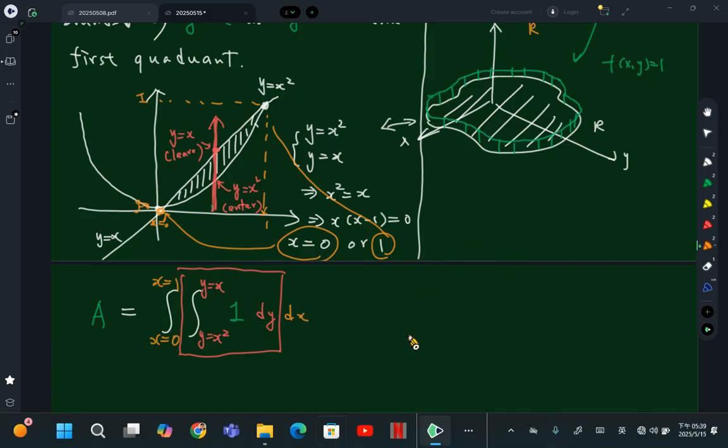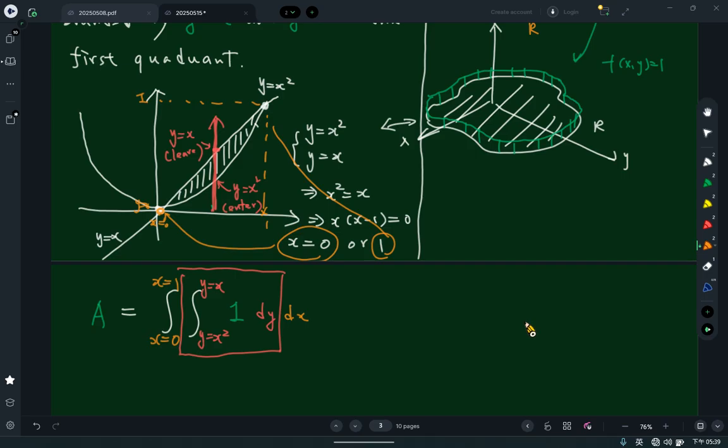Okay. And I'm not sure if you still remember, in last semester, we also learned this before. We just regard this as the upper curve, this as the lower curve. So we learned that the integral of the upper one, x, minus x squared, then dx, x is from 0 to 1.